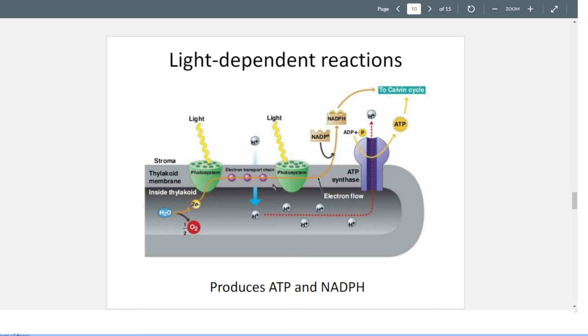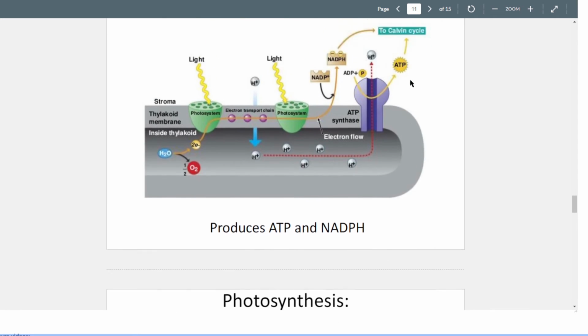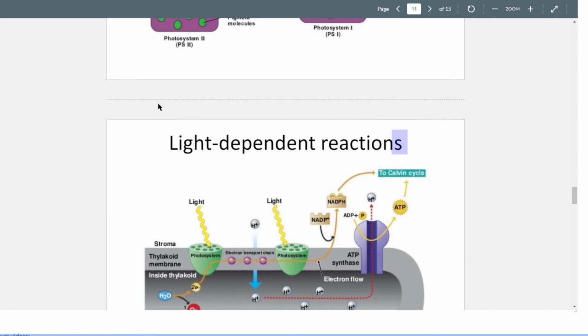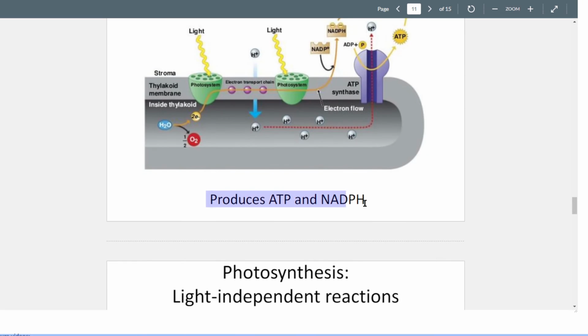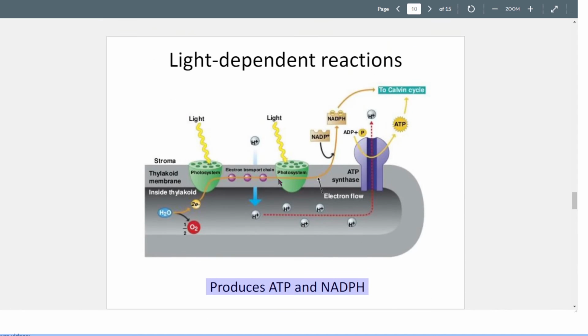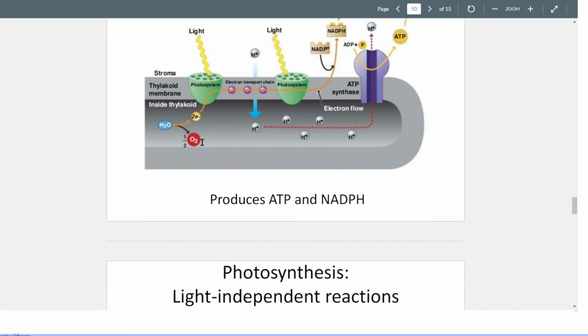The electrons are pushed, the hydrogen goes here. This is happening in the thylakoid, but the hydrogen will spin ATP synthase to make ATP and NADPH, and this is going to go to the Calvin cycle. So the light-dependent reactions make ATP and NADPH, but also create oxygen, which is a waste product.